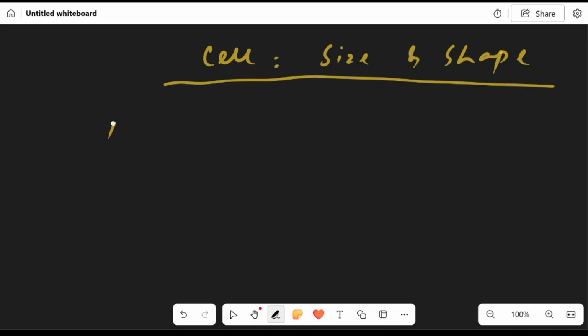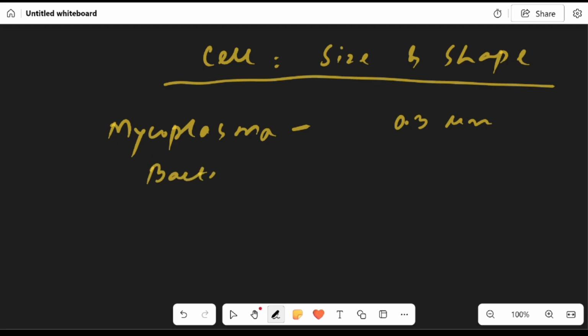So the smallest cell found on this particular planet is of mycoplasma, which is 0.3 micrometers or microns in size. The bacteria normally consists of 1 to 3 micrometers.